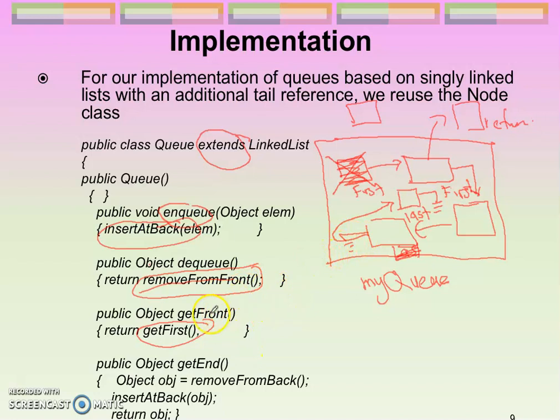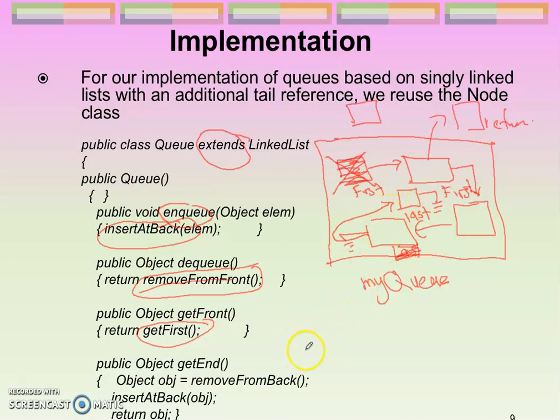Okay. The next we have get end. Let's say you want to return the value, the last node in the list. Okay, this one is the last node. Just now we have this as our last node. Okay, how we can return it?